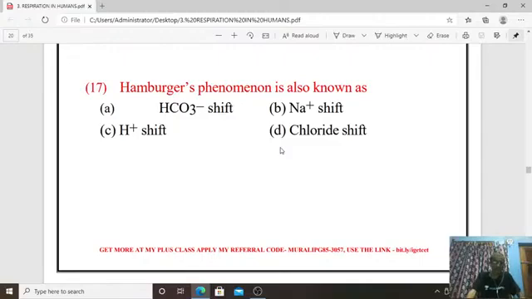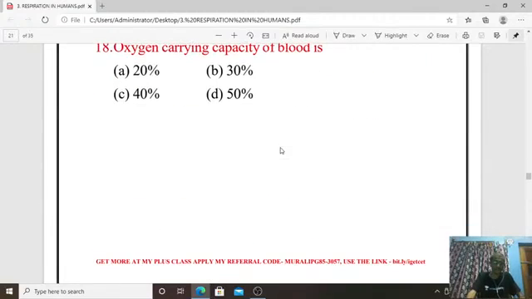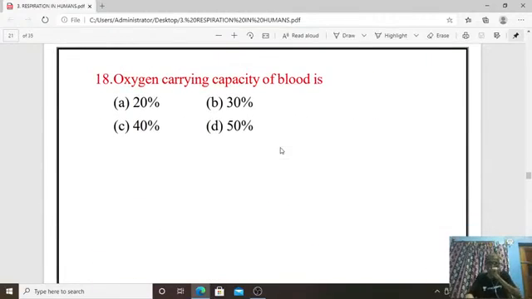Next, question number 18, am I right? Yeah. Oxygen carrying capacity of blood. According to the medical statistical review, what is the oxygen carrying capacity of blood? Here comes one important thing.